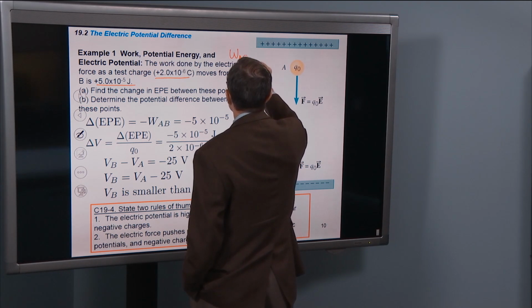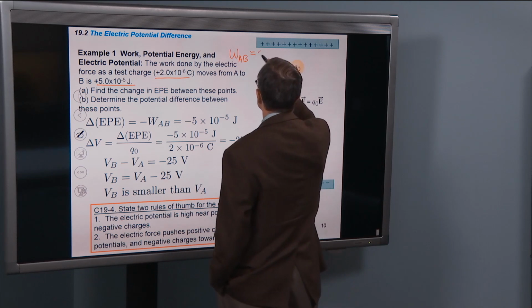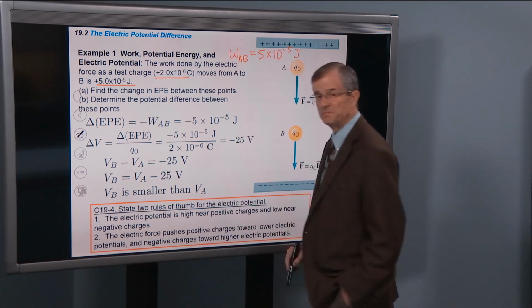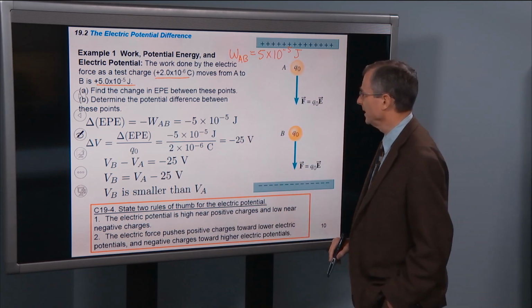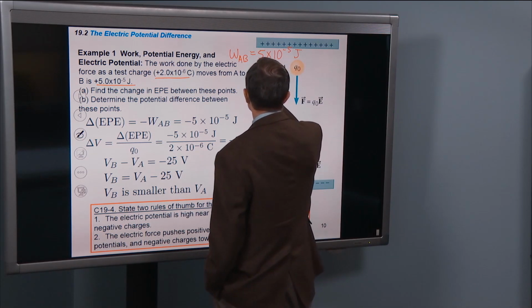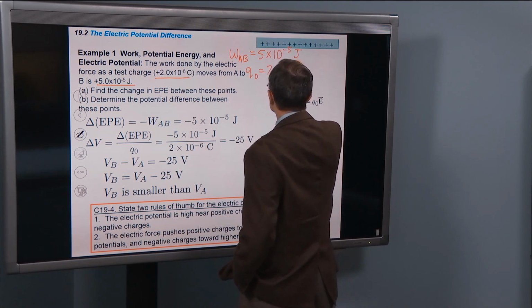The work done in going from A to B is 5 times 10 to the minus 5 joules, measured in joules. It's a work, okay? The test charge is 2 times 10 to the minus 6 coulombs.